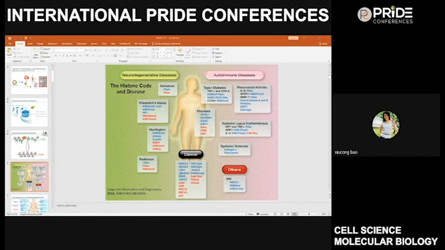First, we need to identify the substrates of the new modifications, and then explore the biological functions of the new modification. And also, we need to decipher the regulation mechanisms and find the binding proteins, to finally give a whole picture of the histone modifications.